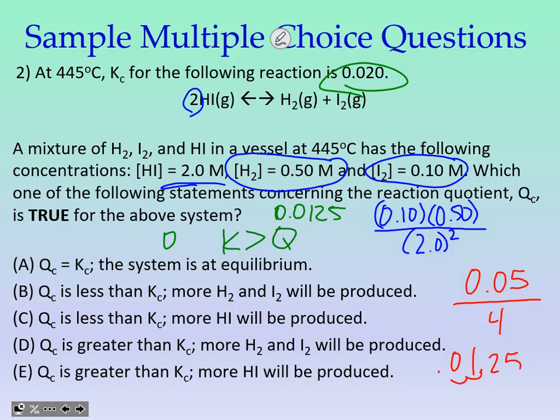So out of our choices here, we know Q is less than K. So we could cross off that one, that one, that one. If K is greater than Q, which way is it going to proceed? Probably, so it's B. Therefore it has to be B. Correct.